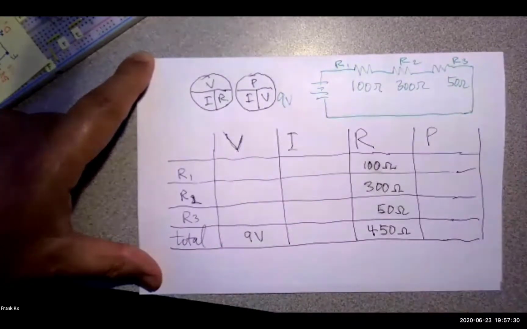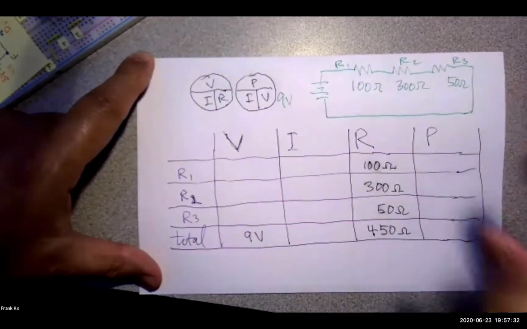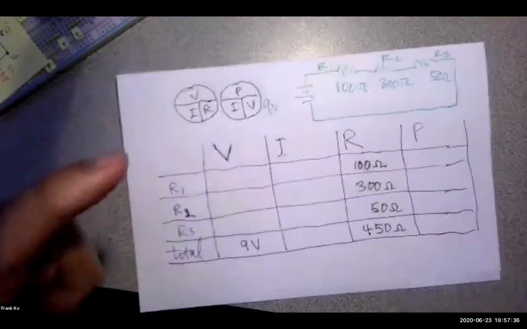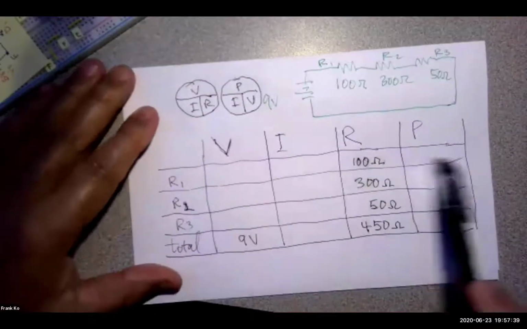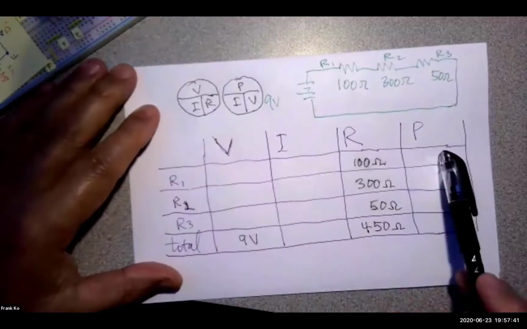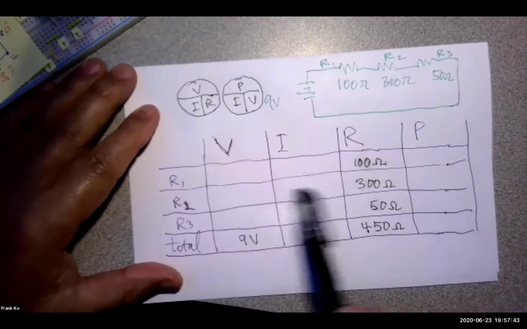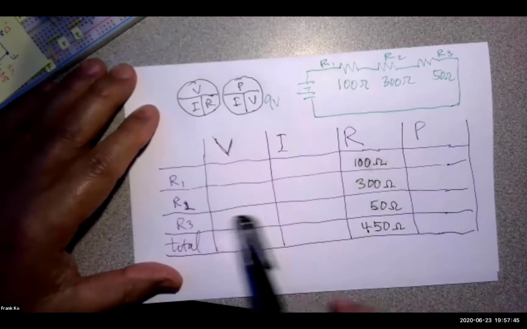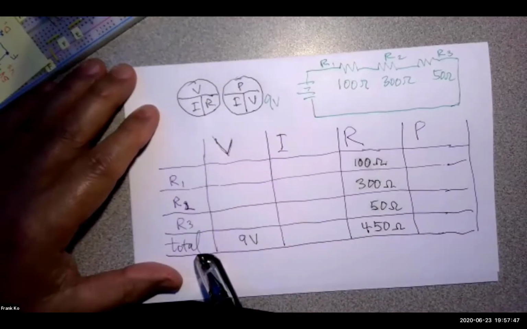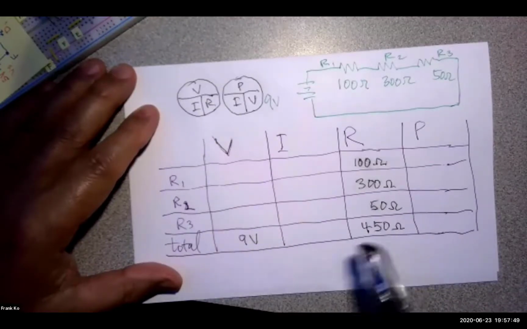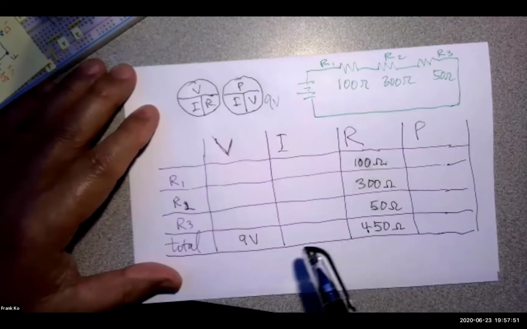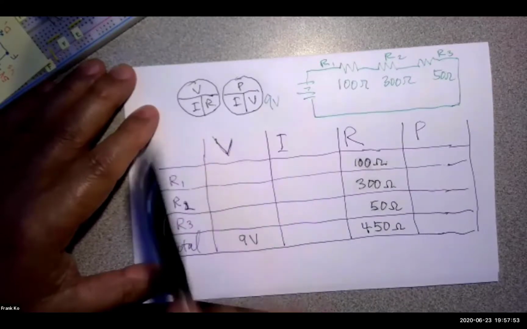Ohm's law said, as long as you have two quantities, you can calculate a third. Take a look at the first row. Do I have two quantities? Nope. Second row? Nope. Third row? Nope. Fourth row? Hey, I've got two quantities. I can calculate a third quantity using Ohm's law.